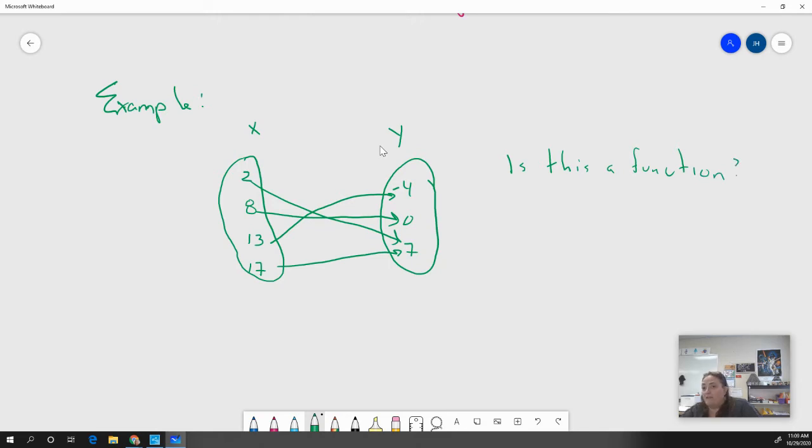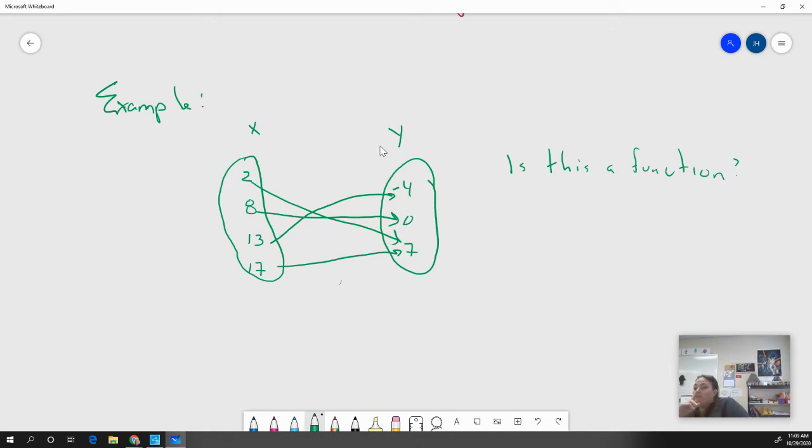All of our X values only map to one thing. None of them repeat, right? Now, it doesn't matter that 7 has 2 things pointing to it, because our range can have multiple matches, but our domain cannot.